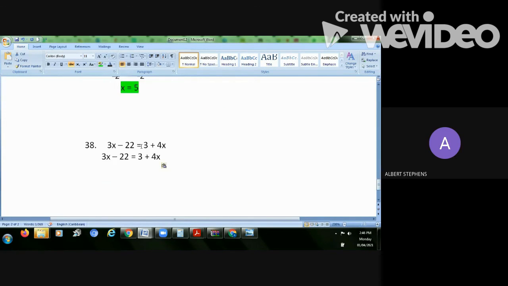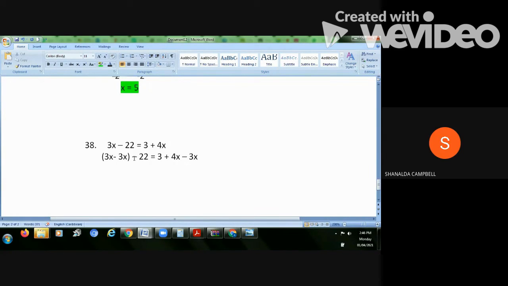But now I'm going to get rid of the x on the left hand side, so I am going to subtract 3x on the left. If I do it on the left, I have to subtract it from the right as well.